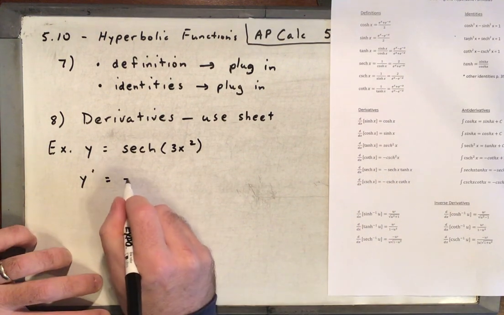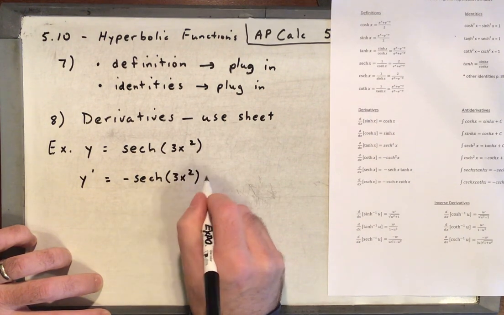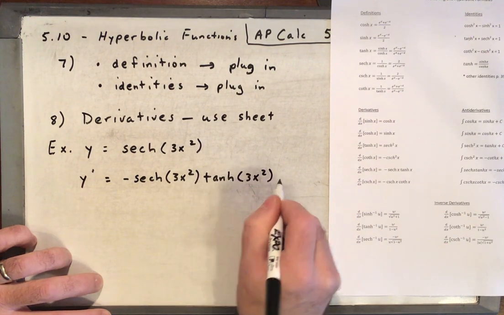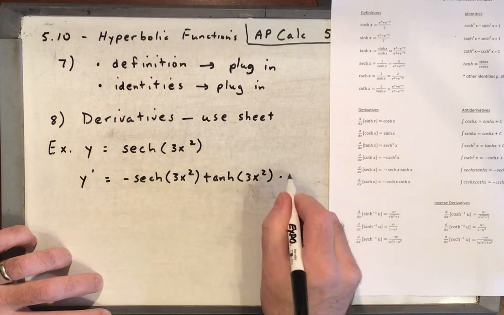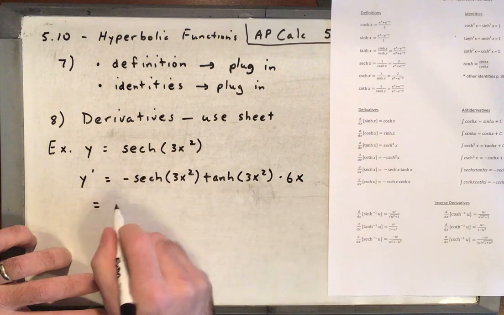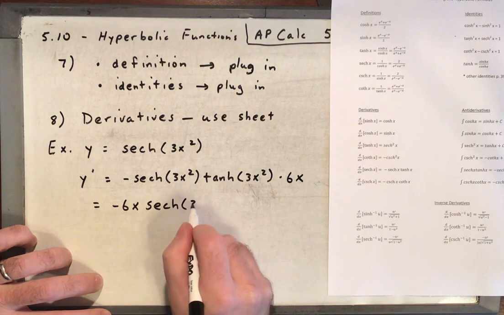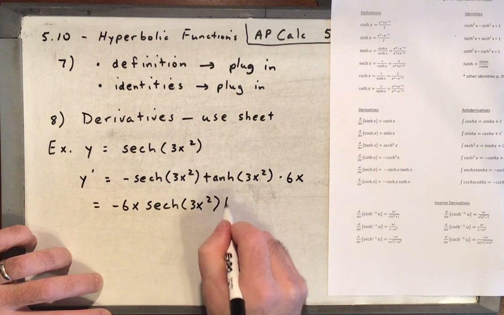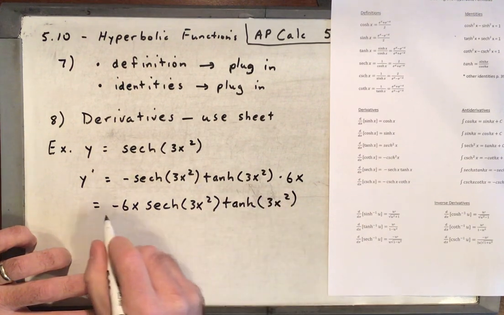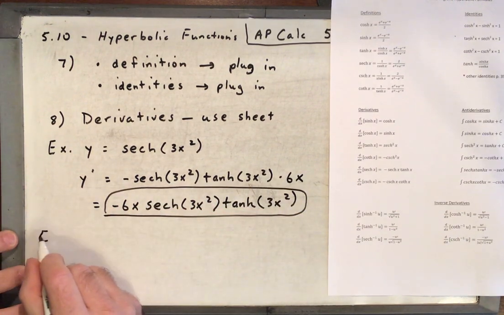So it's going to be minus hyperbolic secant 3x squared hyperbolic tangent 3x squared times the derivative of the block, 6x. So we're going to clean that up, bring that 6x out front. Still have the negative. Minus 6x, hyperbolic secant, 3x squared, hyperbolic tangent, 3x squared. Boom.